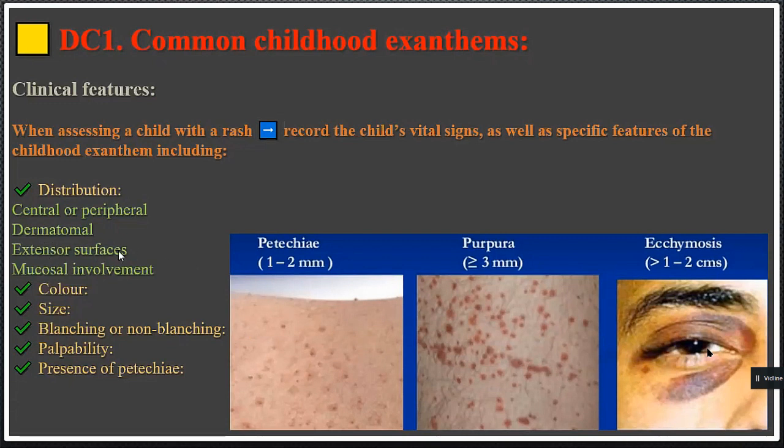Extensor surface: so is it in the extensor or flexors? You have to be familiar with that. Mucosal involvement: so it's involving mouth, nose, or eyes. And again, color, size, blanching or not, palpability, and if there are petechiae or not.